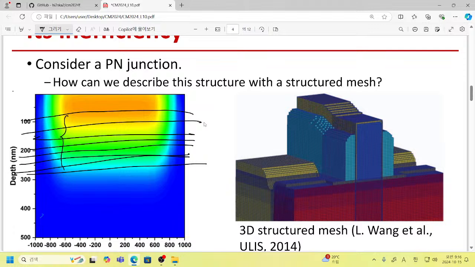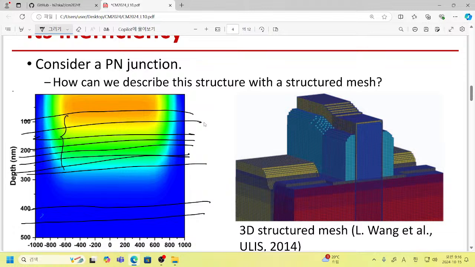And if we go deep inside here, then it is no longer the case. The physical quantities do not change quite rapidly, so you are allowed to introduce a relatively coarse gridding. So that will be a one-dimensional approach. Good.